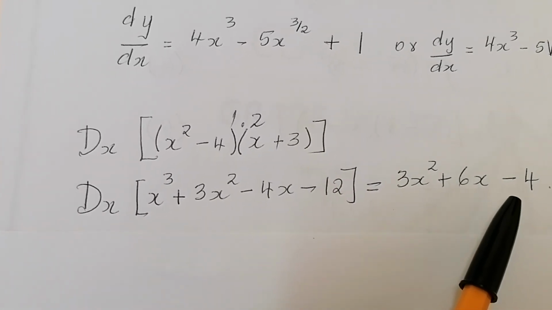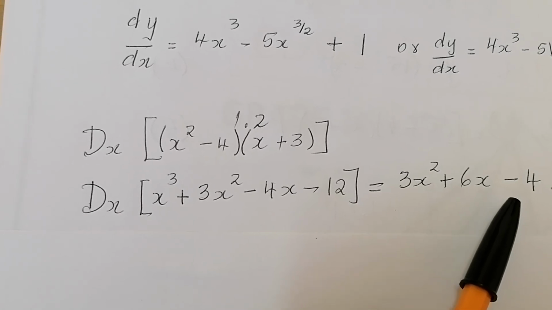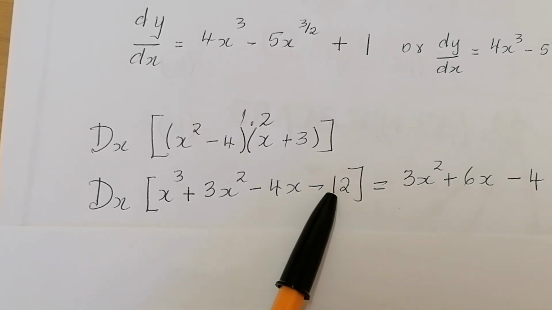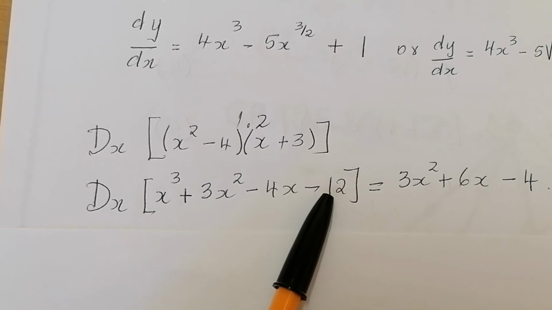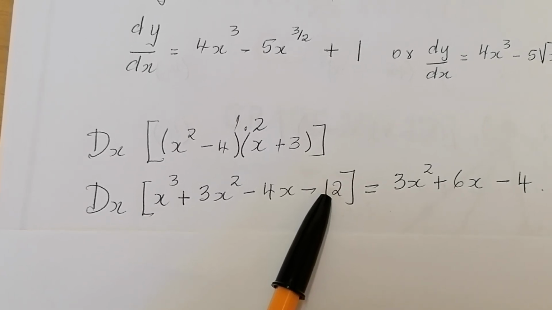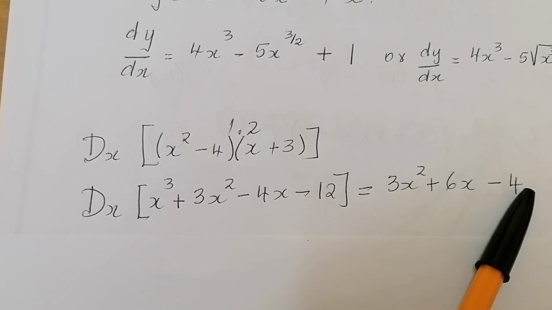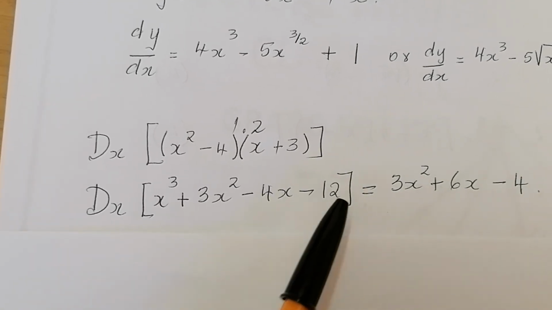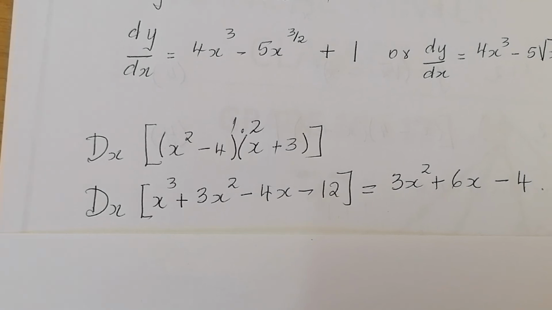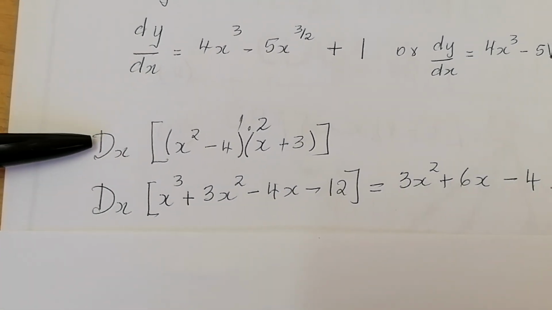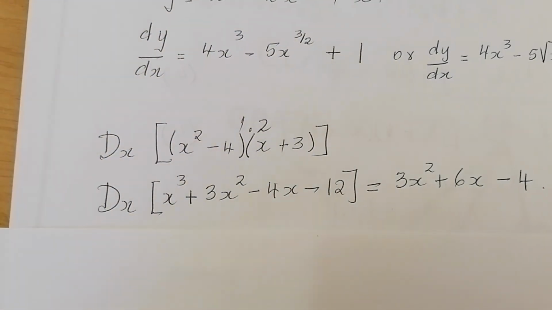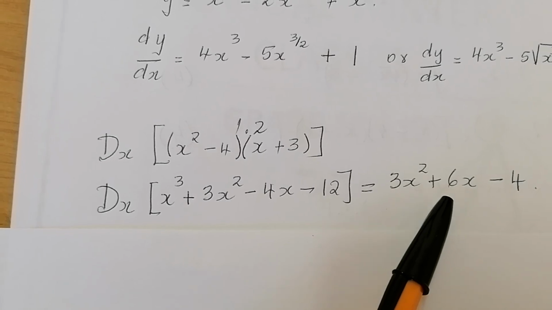Minus 4 times 1 is minus 4. The derivative of a constant is always 0. That is why there I've got nothing. The derivative of minus 12 is equal to 0. We have differentiated this function with respect to x there.